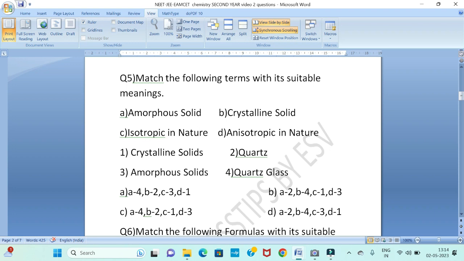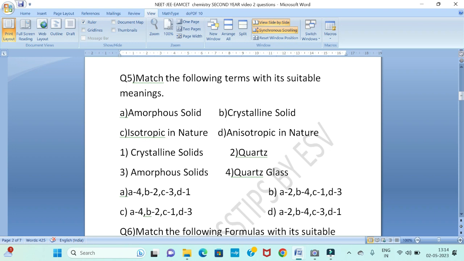Next is C. What is 3 or 1? Isotropic in nature means amorphous. Anisotropic in nature. Amorphous solids are anisotropic in nature?